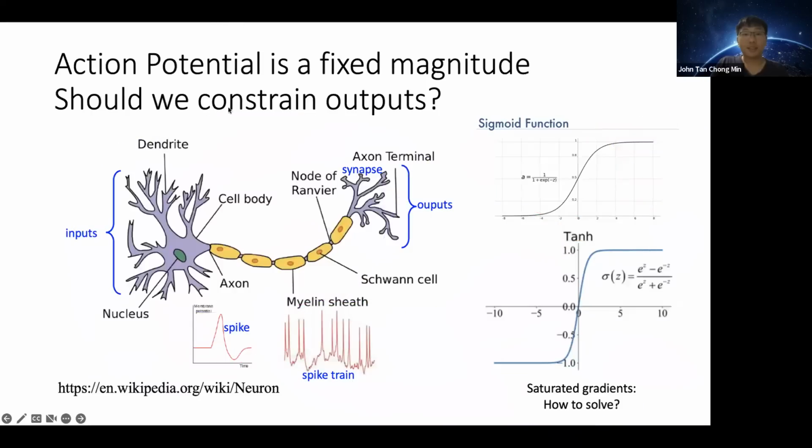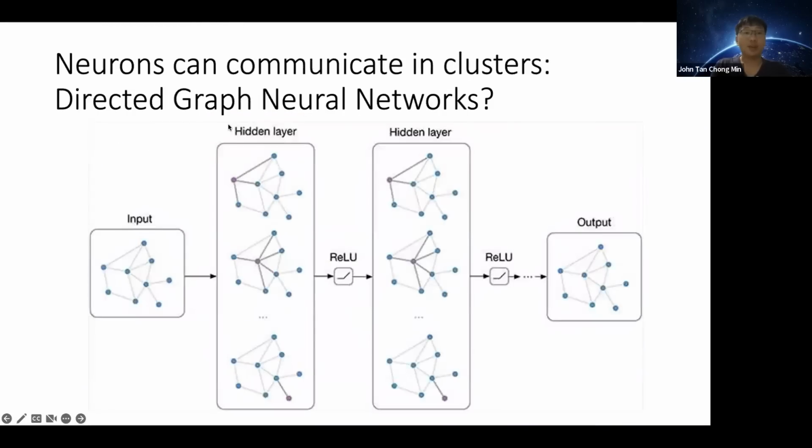Okay, and lastly, one thing I was thinking about quite recently is graph neural networks, because you can model neurons more than just in a layer. You can model them in different clusters, and then this neuron can transfer information to another neuron in the next time zone, and you can do that for every single neuron. This is known as message passing. You can pass messages from one neuron to another, and all of them can do so simultaneously in a graph neural network.